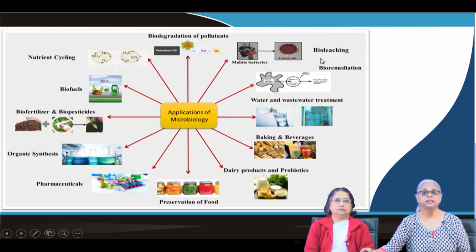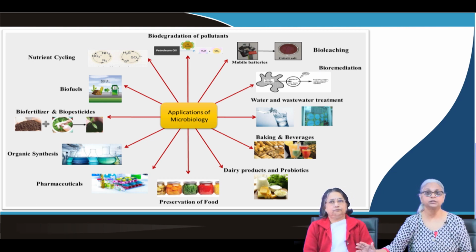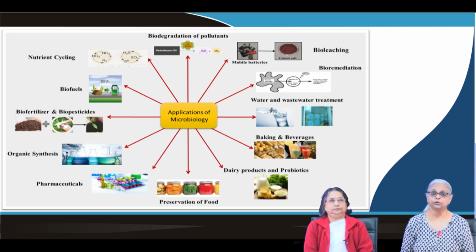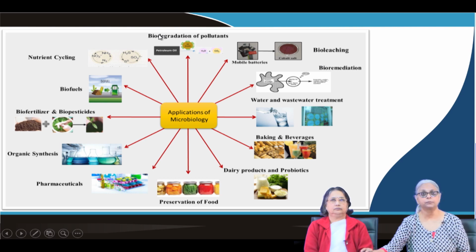So bioleaching has been used for extracting precious metals, not just from electronic waste, but you can use it for raw mineral ore. It has been done for gold, uranium, copper, cobalt. Any number of applications and different metals exist in the literature. So we will perhaps spend some time on that.